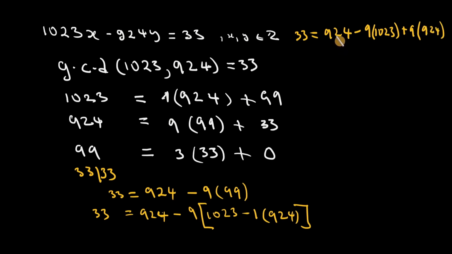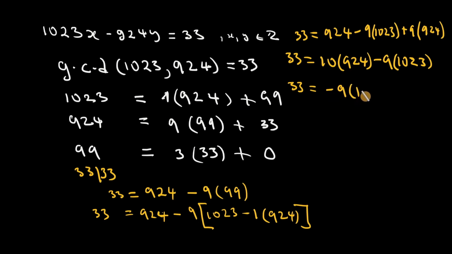Here I have 1 924, and there I have 9 924. 1 924 plus 9 924 will give me 10 924. That is, 33 is equal to 10 924s minus 9 1023s. That is, 33 is equal to minus 9 into 1023 plus 10 into 924.